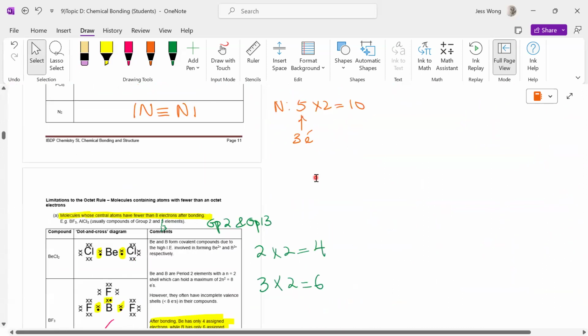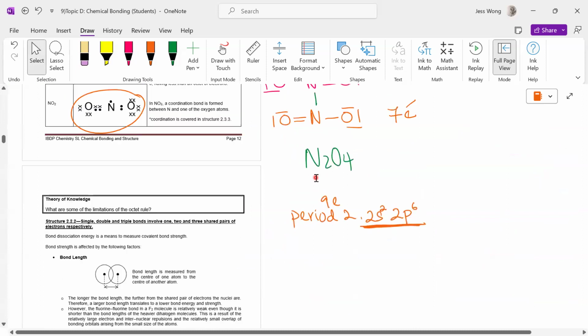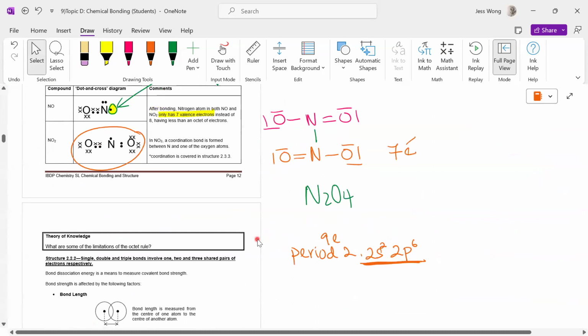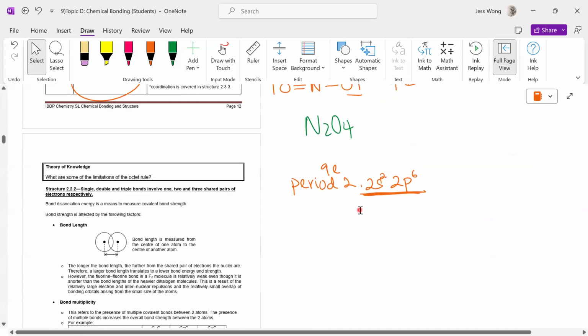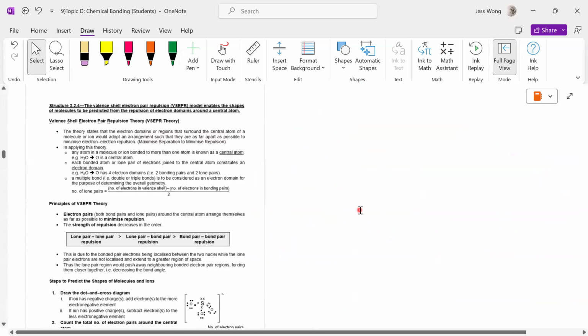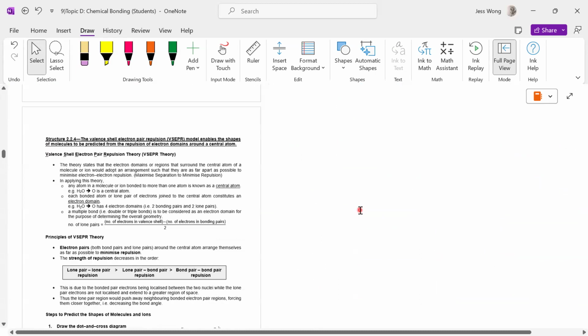All right. So once you finish your drawing, what do we do with the structures? How do the structures help us to determine the shape? Once we finish the drawing, we are going to apply our VSEPR theory to determine the shape. So where is VSEPR? Can you turn to page 17 of your notes?